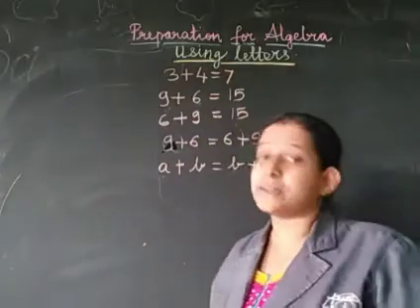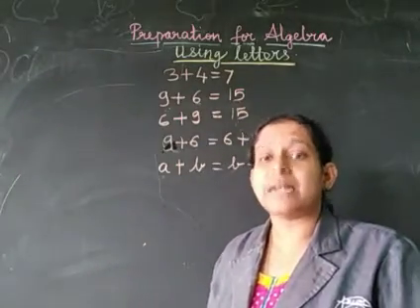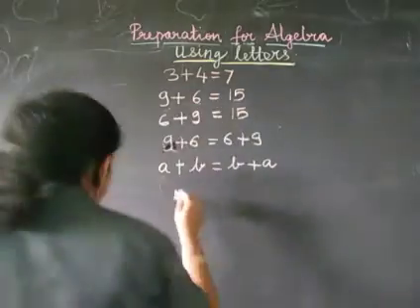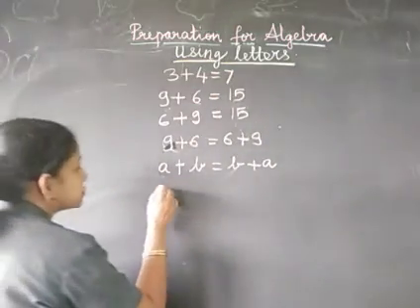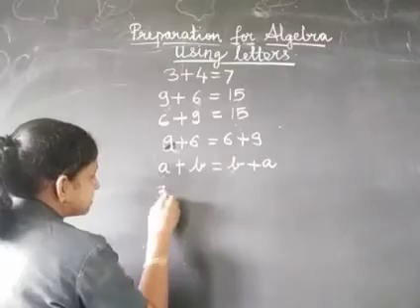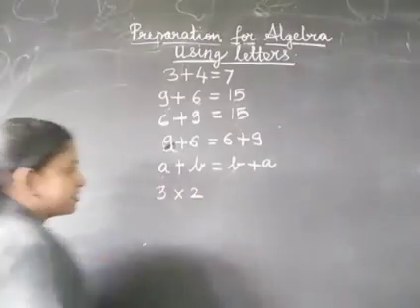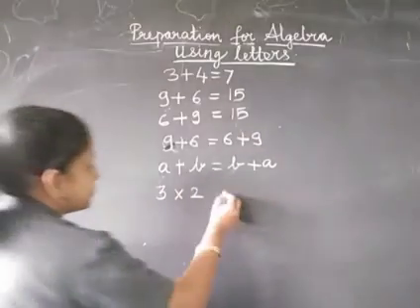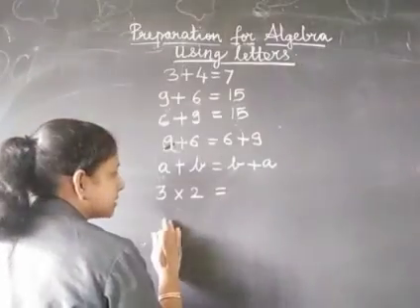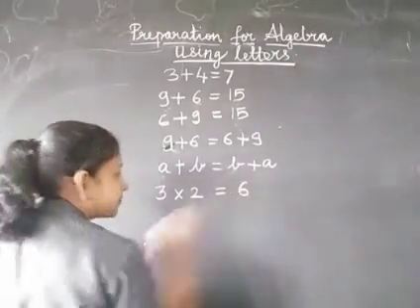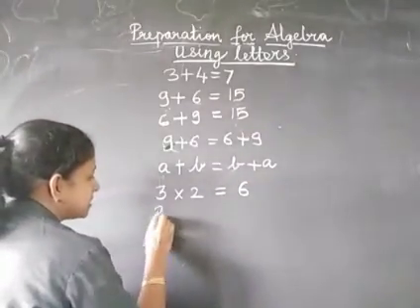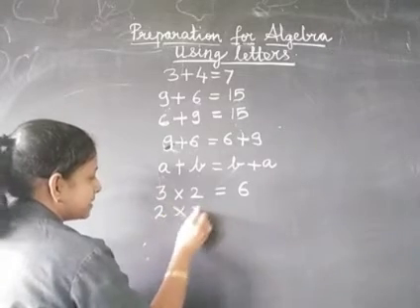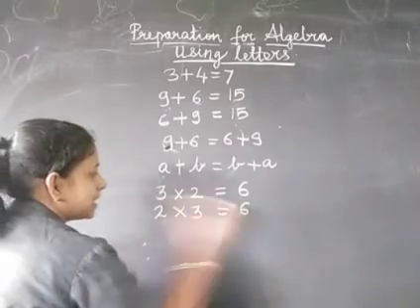Now let us see another property. Suppose we multiply two numbers. Let's take 3 multiplied by 2. Do you know what the answer is? 3 multiplied by 2 is equal to 6. Correct? In the same way, if we interchange the order, 2 multiplied by 3 also gives the answer 6.